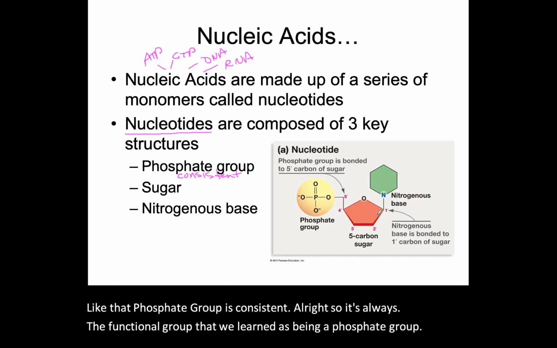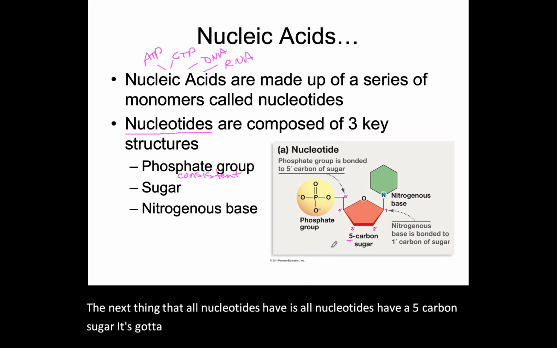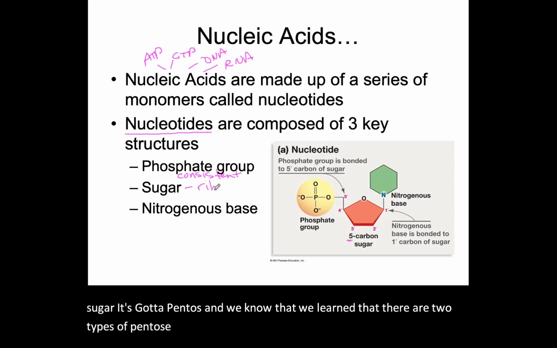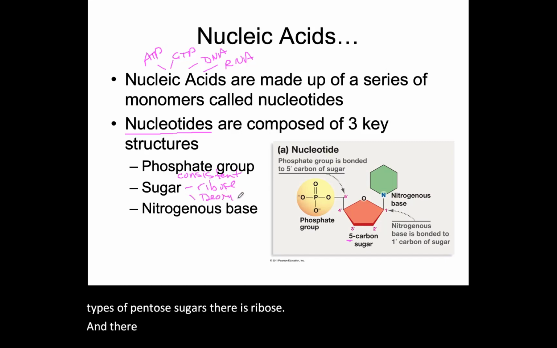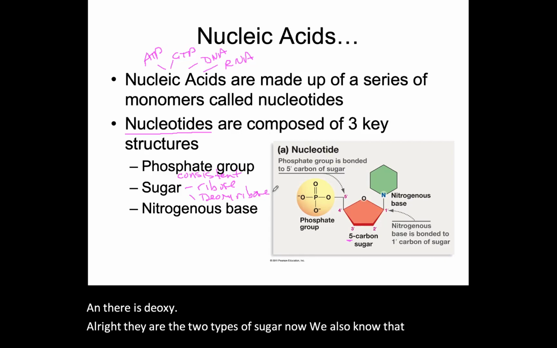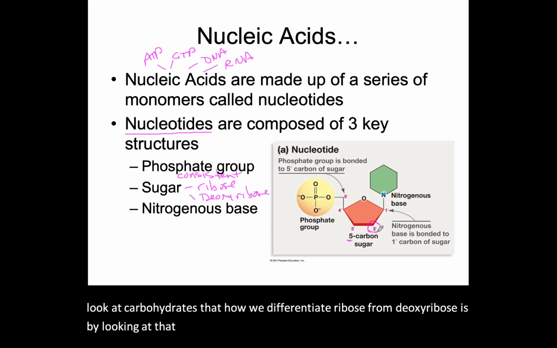The next thing that all nucleotides have is a 5-carbon sugar. It's a pentose. And we learned that there are 2 types of pentose sugars: ribose and deoxyribose. Now, from our look at carbohydrates, we know that we differentiate ribose from deoxyribose by looking at that 2' carbon.